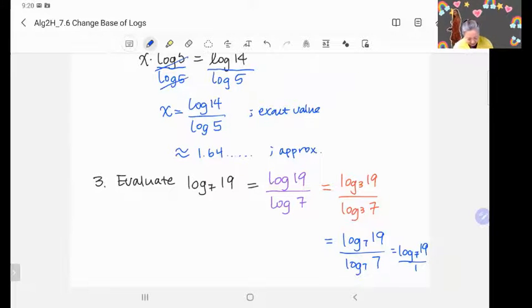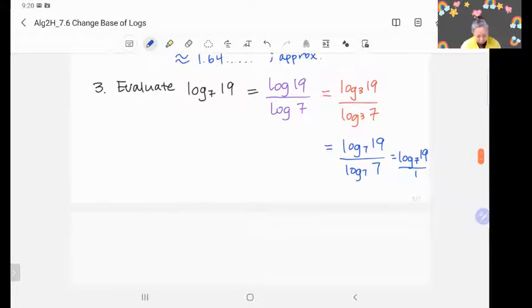Does that make sense? Yeah. So we can make up the rule here. The change of base formula goes like this.